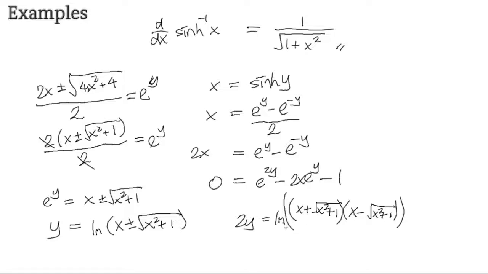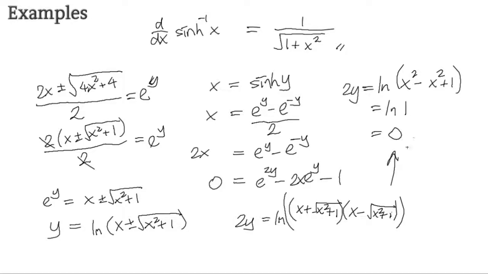Due to the log rule, we can say that 2y equals the natural log of x plus root, add the natural log of x take root, which gives this whole expression, and that means that we can state that 2y is actually equal to the natural log of simply x squared take x squared plus 1, which is the natural log of 1, which is 0.